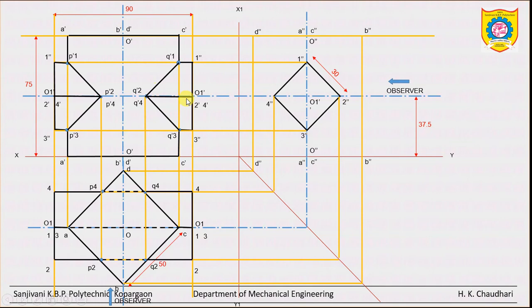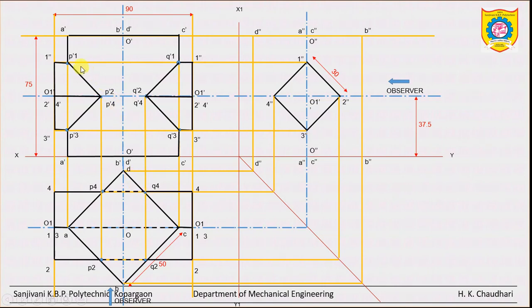So we have drawn it, and the middle portion, that means from here, suppose P1 to Q1, we can't observe from the front side. Similarly P2 to Q2, it is inside this vertical prism. Okay, similarly P4 to Q4, these are the hidden edges.